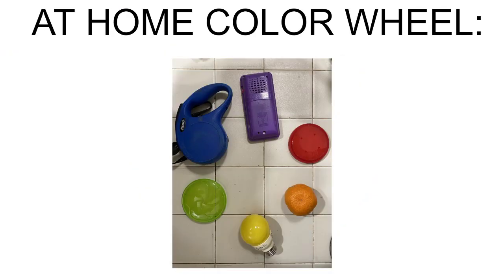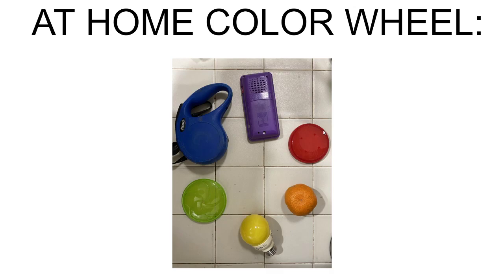So your assignment for at home, for virtual learning today, is I want you to come up with an at-home color wheel. So this is just things that I had around my house. A red top of a can of Chef Boyardee, an orange, a yellow light bulb, a green canister lid, a blue dog leash, and a purple toy cell phone that my daughter was playing with.